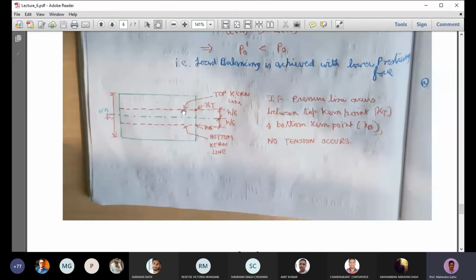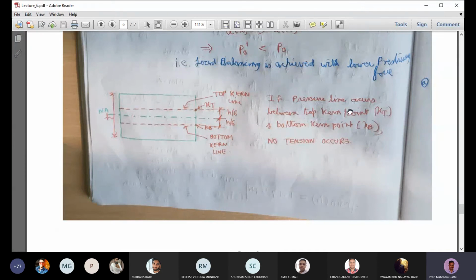Okay, as long as the pressure line lies between the top kern line and the bottom kern line, the beam will be in compression. And if the pressure point lies above the top kern line, then the bottom fiber will go into tension. And if the pressure point lies below the bottom kern line, then the top fiber will go into tension.